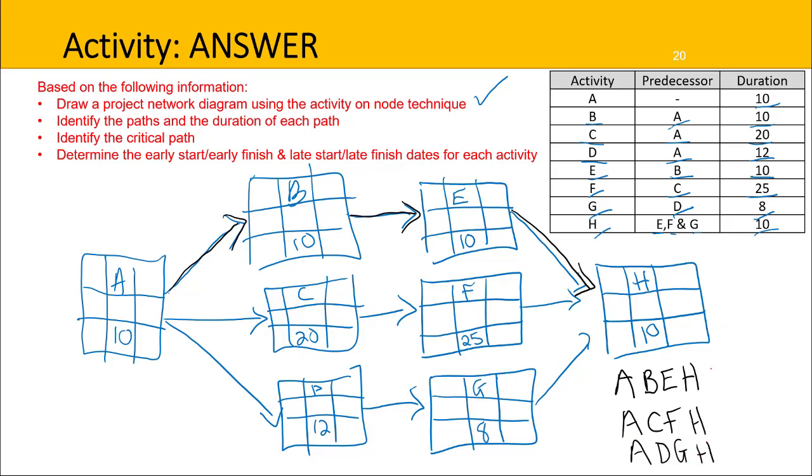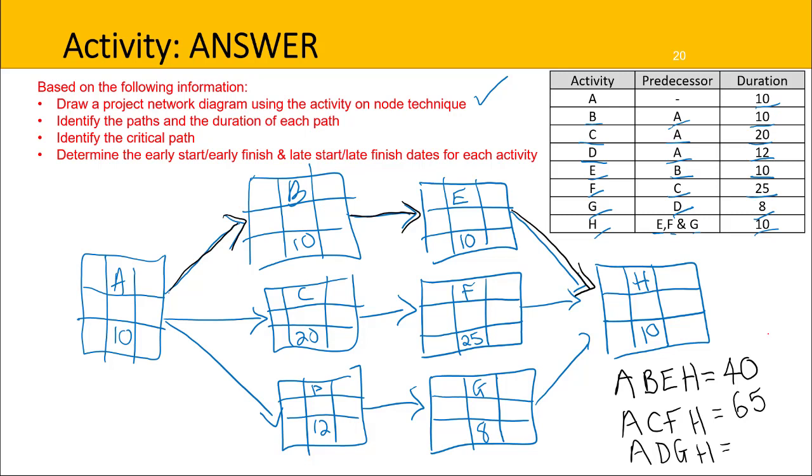We now need to figure out the durations and just some simple addition. So A, B, E, H, that looks like 10 times 4 is 40. Across the middle, A is 10, plus C makes 30, plus F makes 55, and H is plus 10, making that 65.